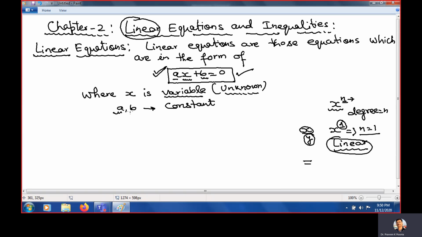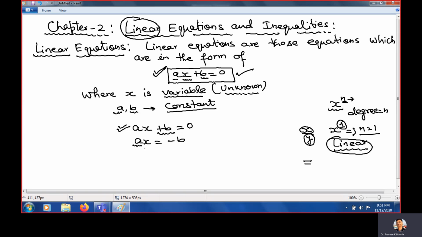What are a and b? a and b are constants. So how are we going to solve? It is very simple. First, if the equation given is a mix of many types of forms, we need to reduce the given equation into this form. After this, keep ax on one side and the constant term on the other, so you will get ax is equal to minus b.